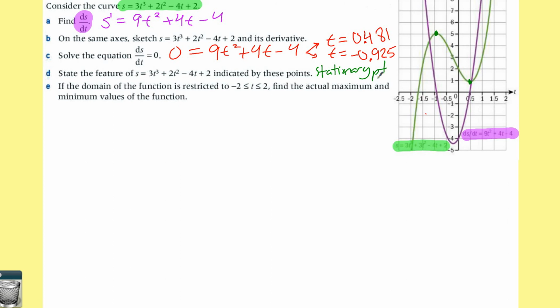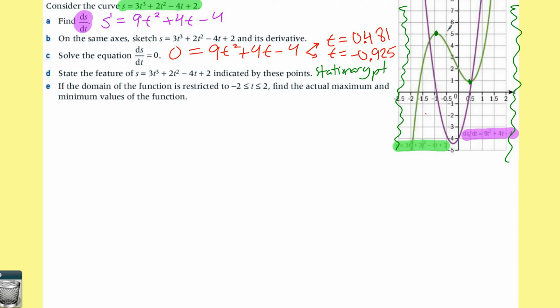If the domain is restricted between -2 and 2, that means anything to the left of -2 we're throwing out, and anything to the right of 2 we're not looking at, which is pretty much our graph anyway. If your graph goes out a little bit more, just know we're ignoring the outside parts. We want to find the actual max and min values of these functions.